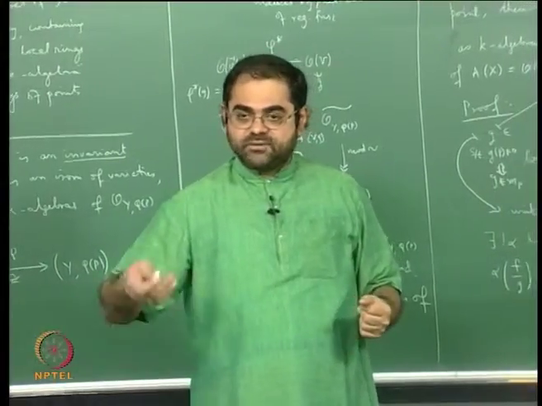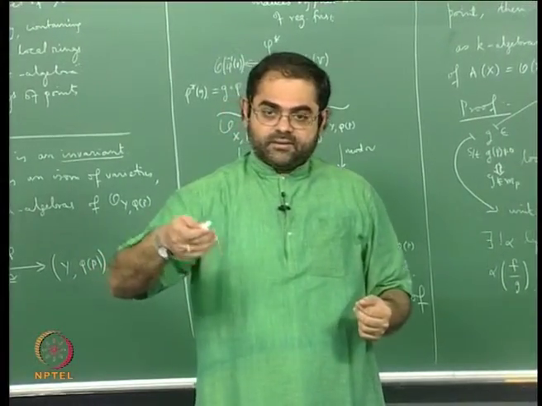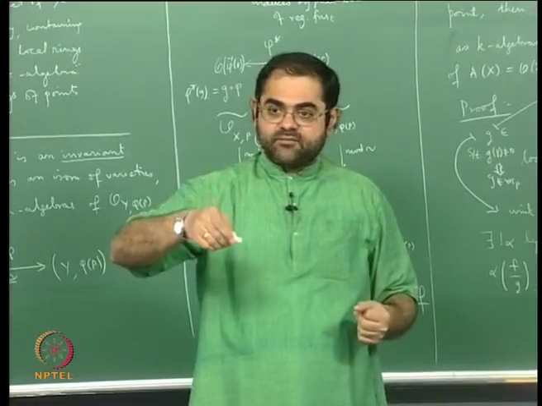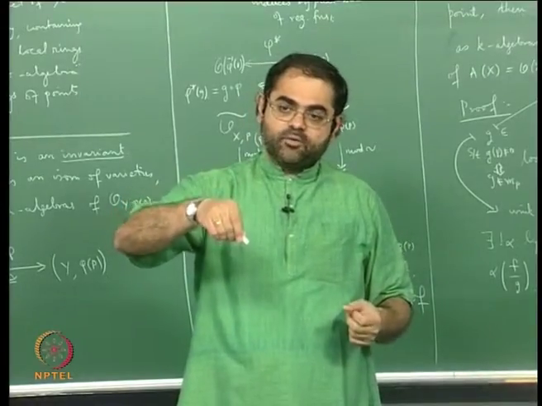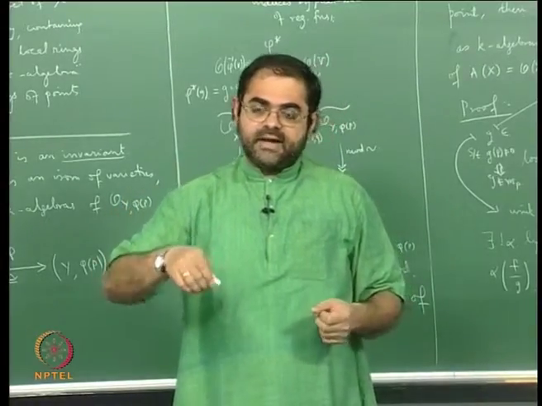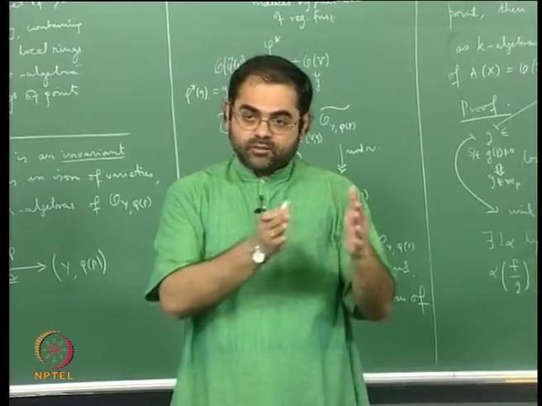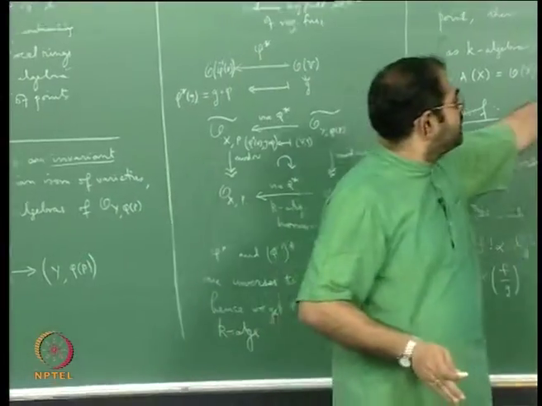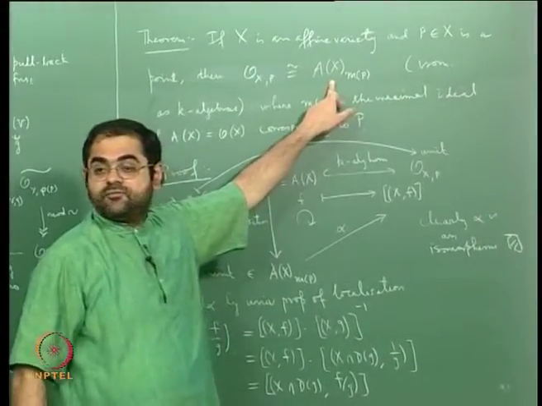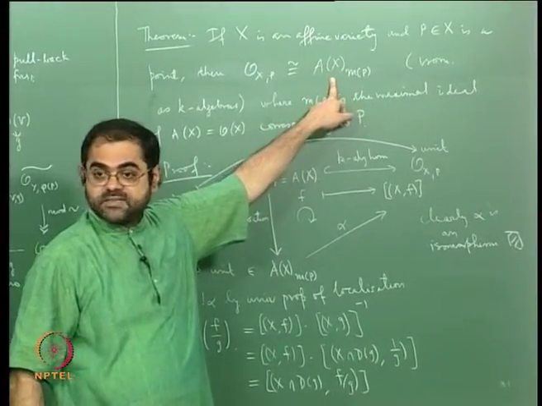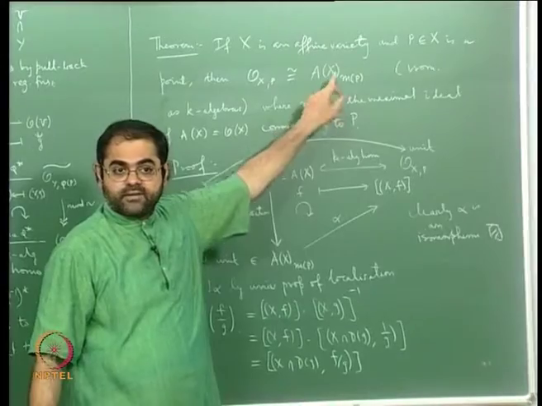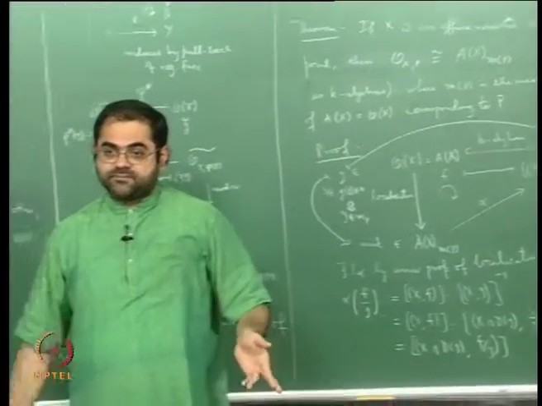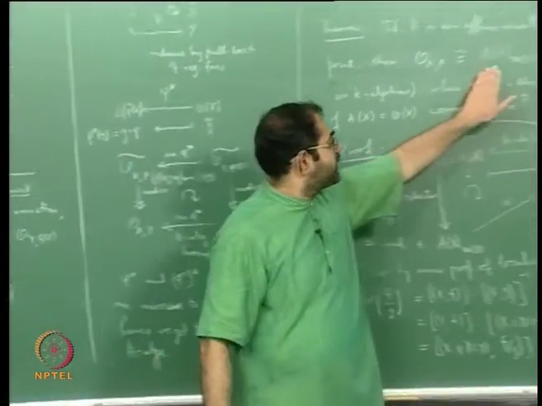So geometrically, the study of functions in a neighbourhood of a point on a variety is reduced to the commutative algebra of studying localizations of finitely generated K algebras which are integral domains, such rings which are affine coordinate rings, at maximal ideals. So this is what one has to do.